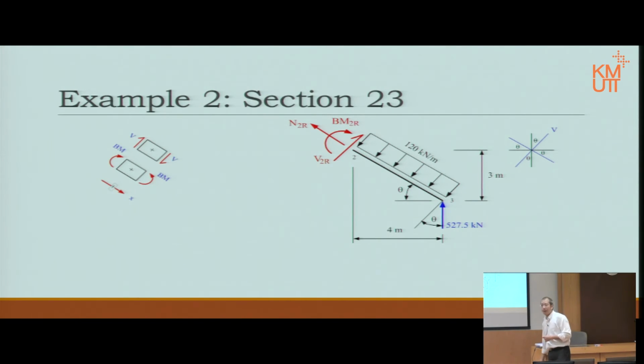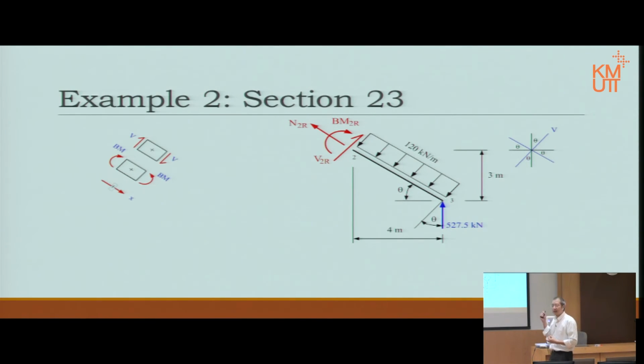Again at point 2, but this time it's no longer the same beam. It's not on the horizontal beam part, it's on the inclined beam part. Therefore, that is the picture. Notice the sign convention, because x has to be set according to the fixed notation. This time we don't have the freedom to choose.